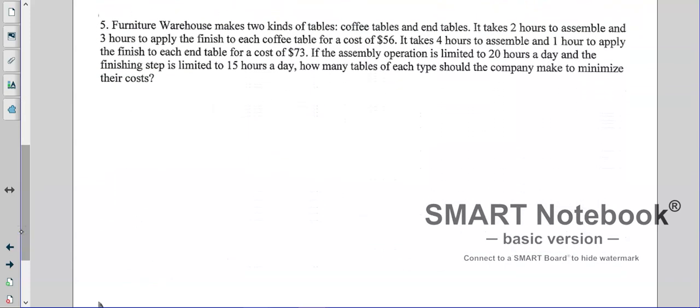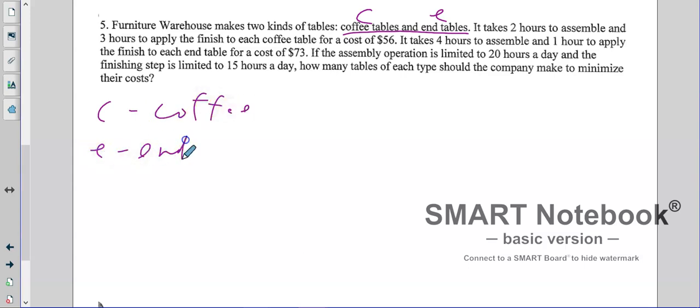And last but not least, Furniture Warehouse makes 2 kinds of tables, coffee and end. So I'm going to go C and E. C for coffee and E for end. All right? It says there's assembly time and applying a finish coat. Okay?